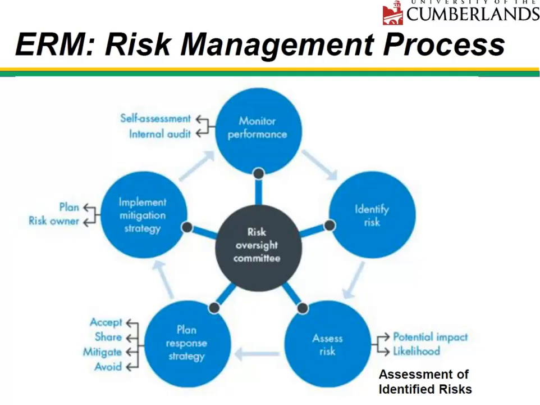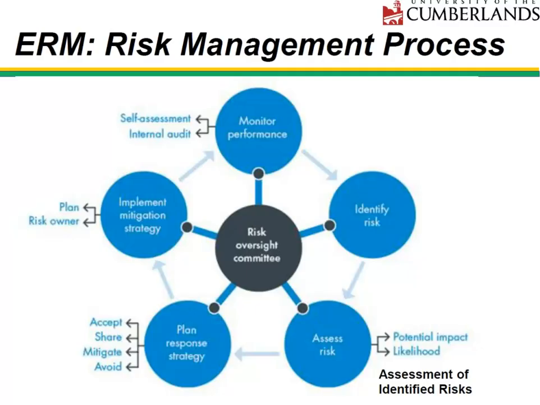Around this central governance body, you have the activities that we just discussed: risk identification, assess the risk, plan the response strategy with different options: accept, share the risk, mitigate, or avoid it, implement the mitigation strategy, and then monitor the performance.